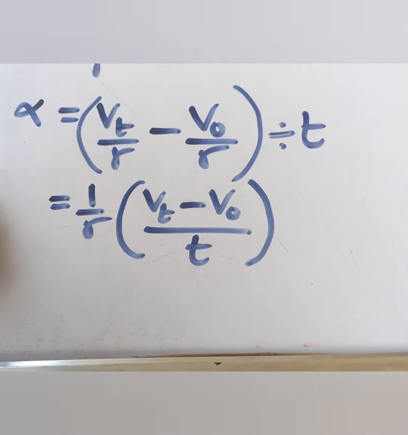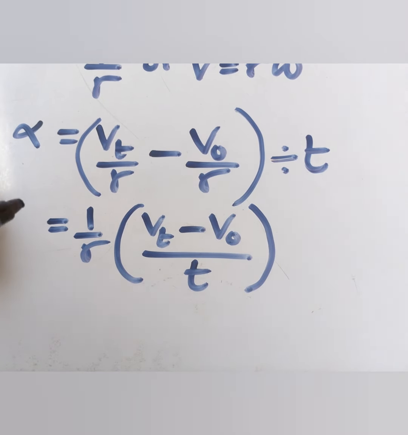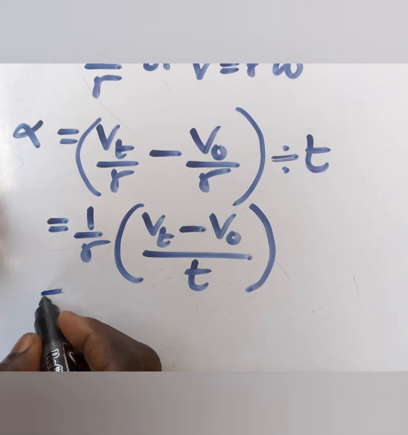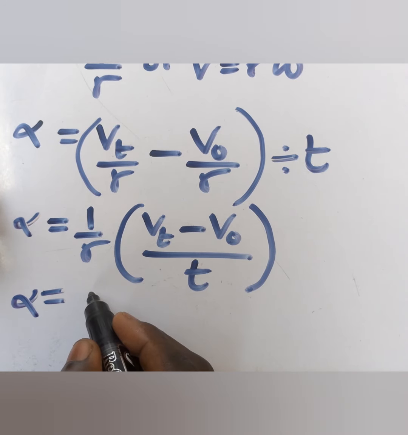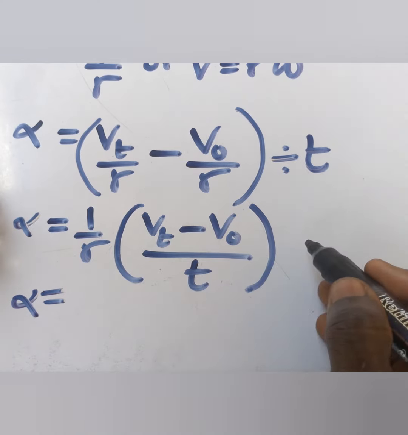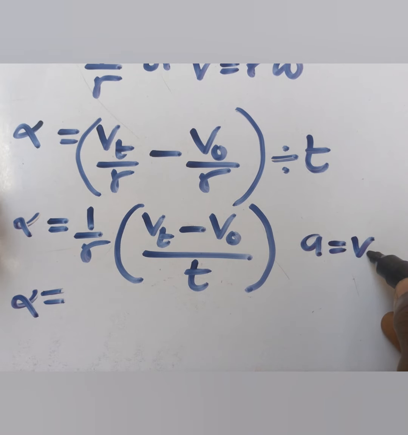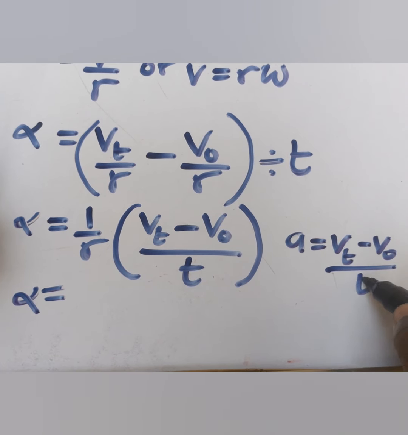But take note that this same v minus v naught over t is also our linear acceleration, which is equal to final velocity minus initial velocity divided by the time.